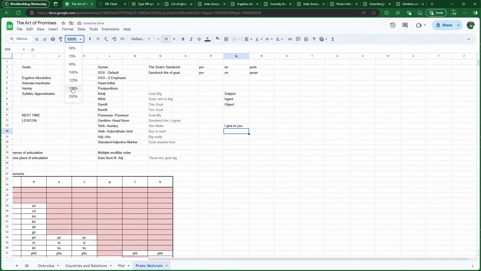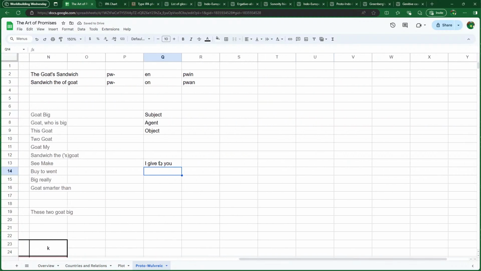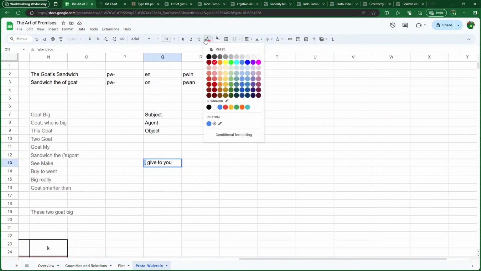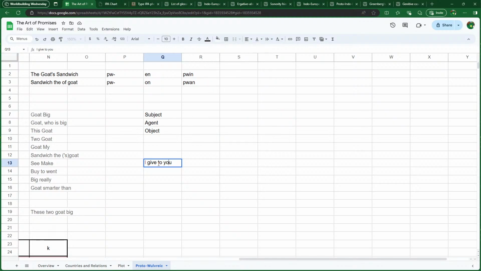Let me zoom in a bit. Here, the I is the subject. Give is the verb.